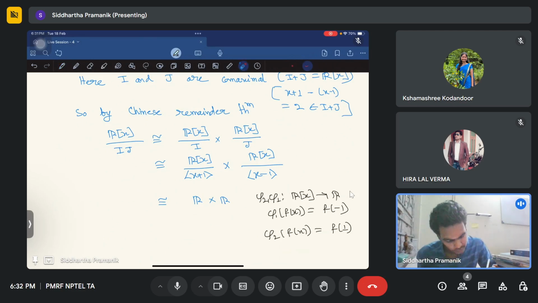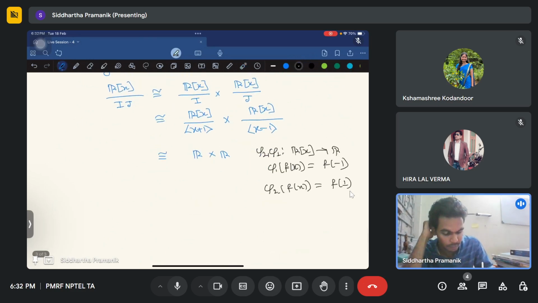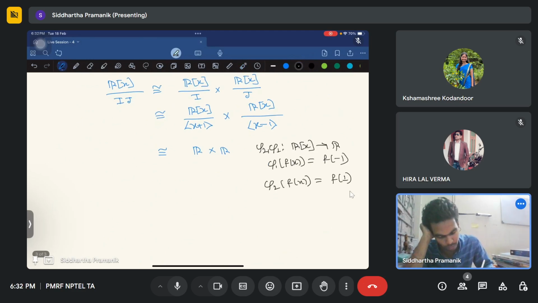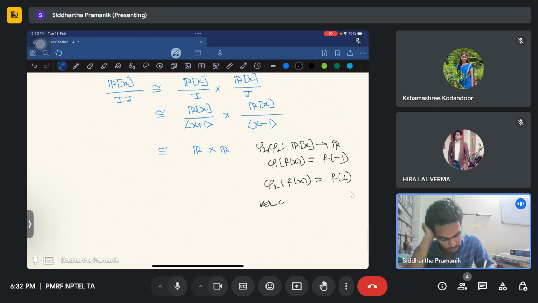Then you will see the kernel of phi 1 is the ideal generated by x plus 1, and the kernel of phi 2 is the ideal generated by x minus 1, and those are surjective maps, so you can use the first isomorphism theorem.